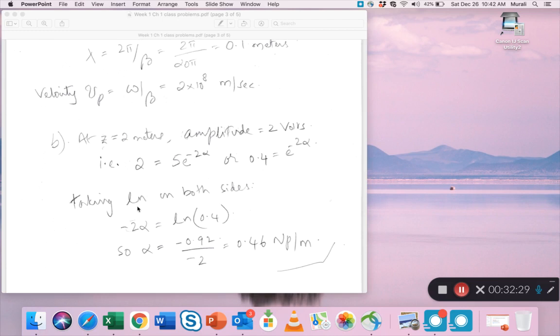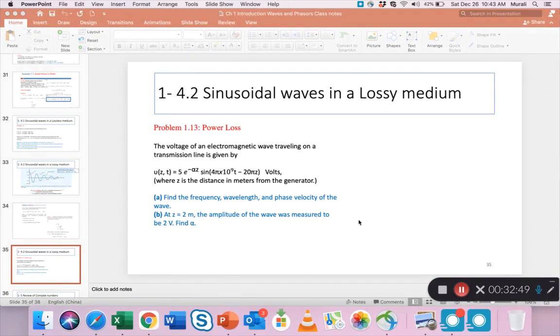Taking ln, natural log on both sides, you can write this as minus 2 alpha equals ln 0.4. I hope you know how to do this. Please make sure you revise your mathematics to know this. And then you get alpha as 0.46 Np per meter. Okay. All right, so that wasn't too difficult, but I hope you followed every step.